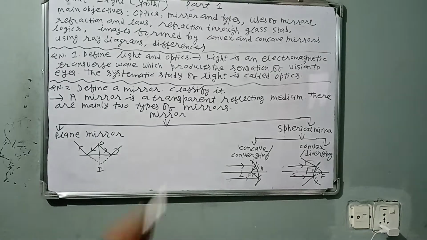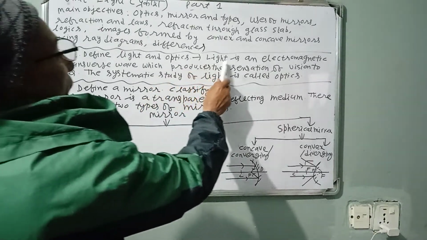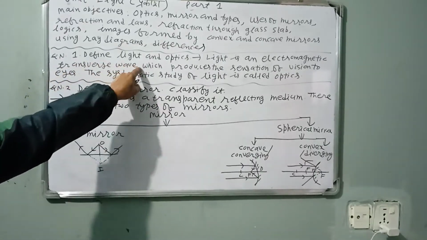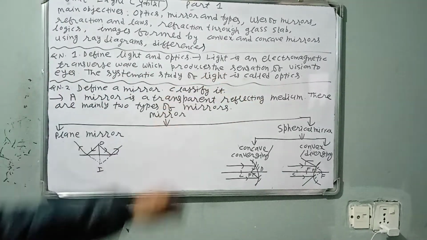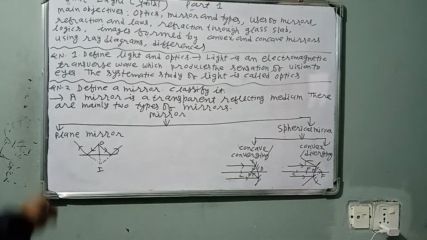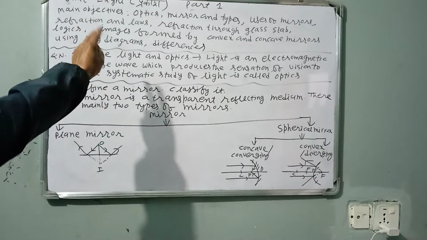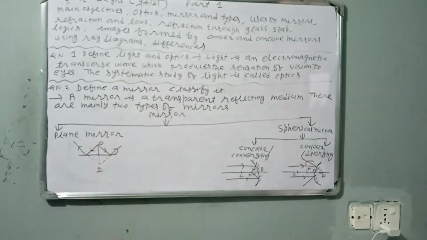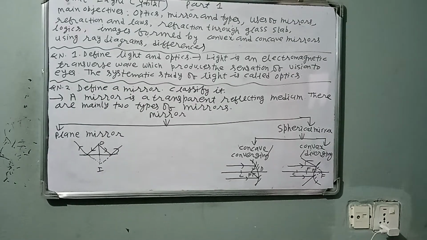That is also correct. But here, light is an electromagnetic transverse wave which produces the sensation of vision or sight to eyes. It means light is a form of energy which can travel even through vacuum, solid, liquid, gas.